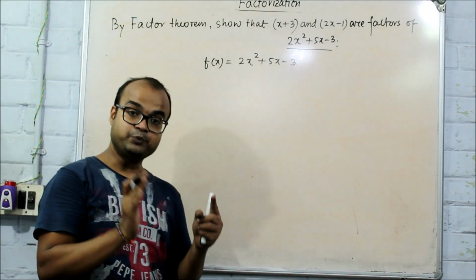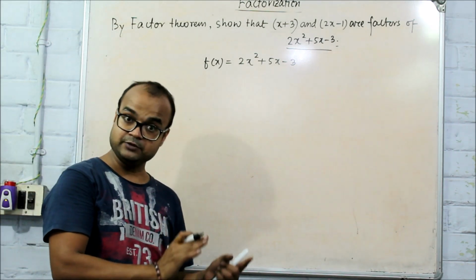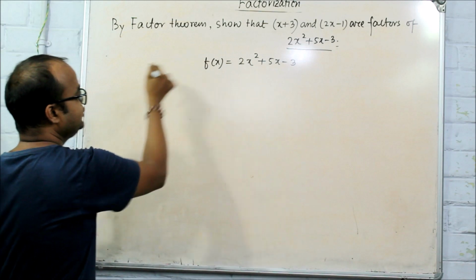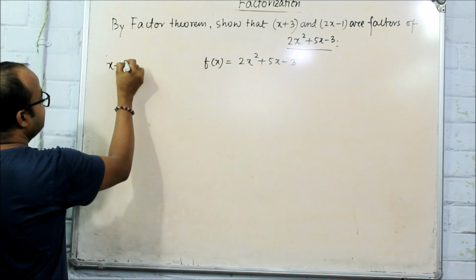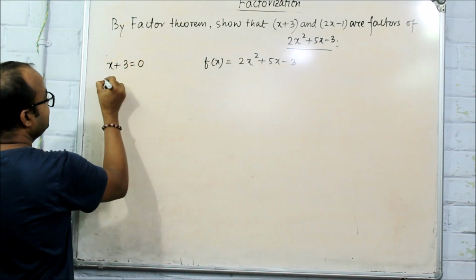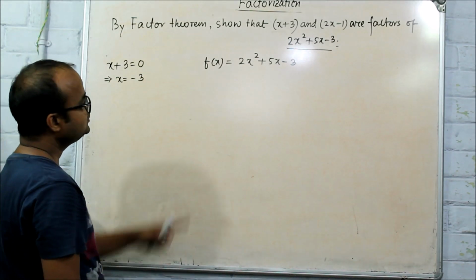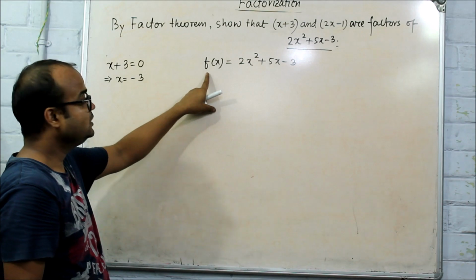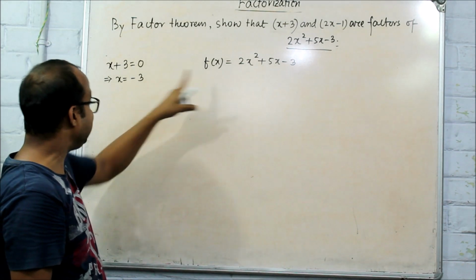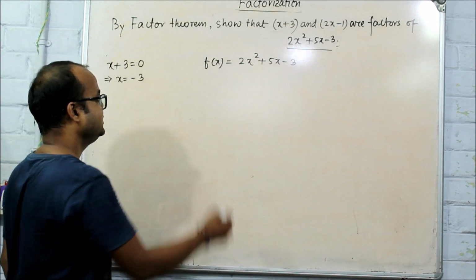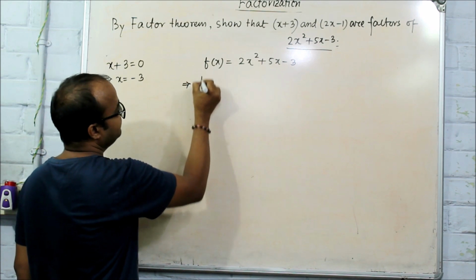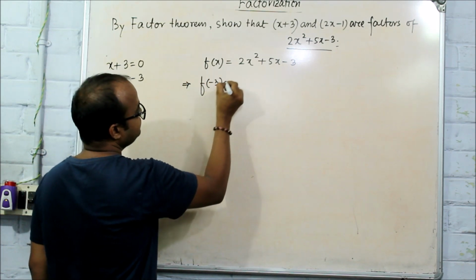Now the process we followed in remainder theorem, that is we equate x plus 3 is equal to 0. So it implies x is equal to minus 3. So find out the value of the polynomial at x is equal to minus 3. That means we replace x by minus 3.